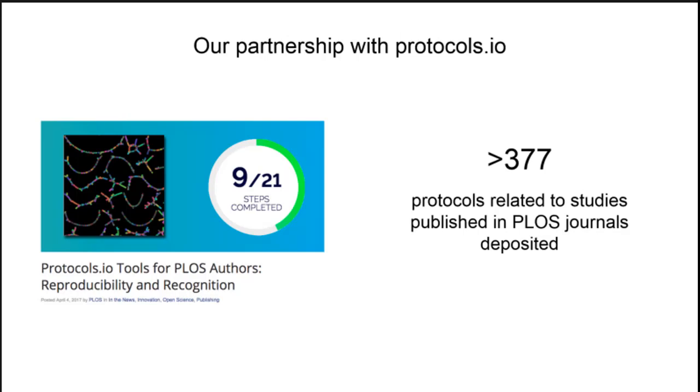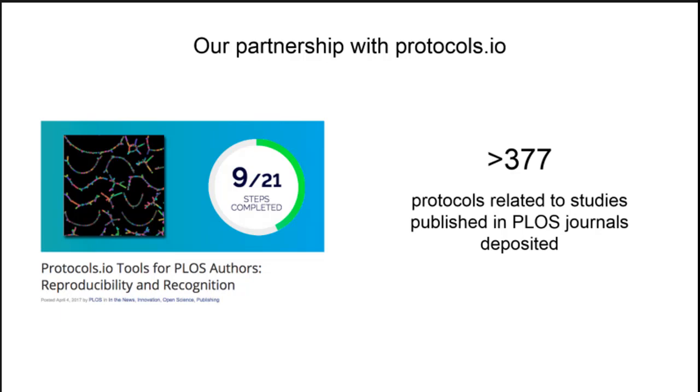So for that reason, since last year, we have a partnership with protocols.io, where we encourage our authors to also submit the protocols of their experiments to protocols.io. They have a website, they have an app where others can build on these protocols.